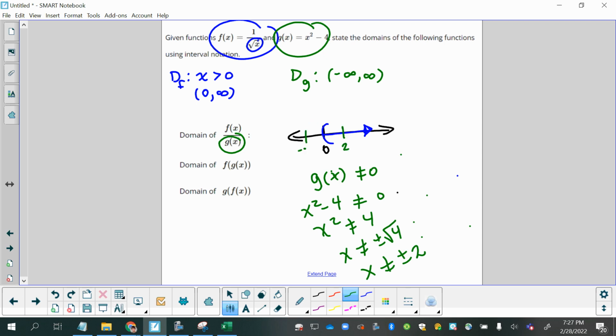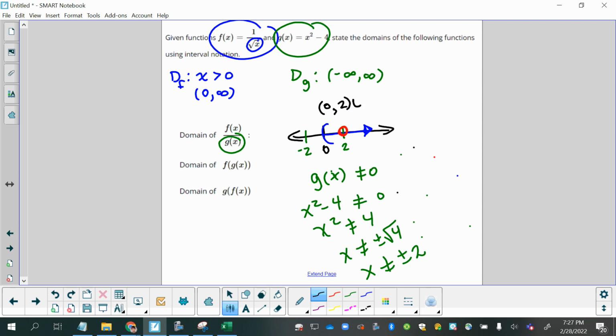So now we know that both +2 and -2 are off limits. -2 isn't a problem. It's outside of our blue region that we identified. So we don't have to worry about -2, but we do have an issue right here at +2 where we have to have a hole, so that we're not going to use the x value of 2. So that means that our domain will start at 0 but not including it, and continue up to +2 but not including it.